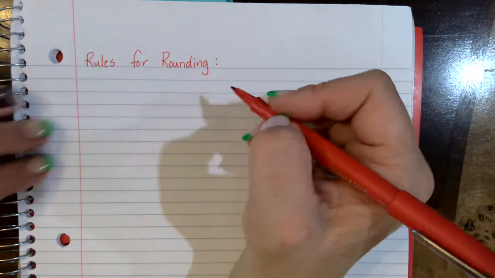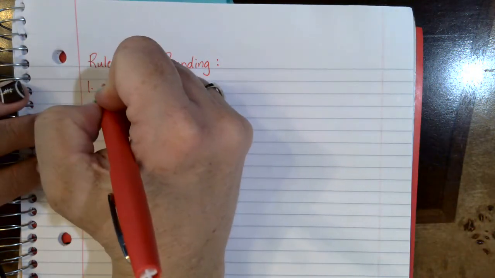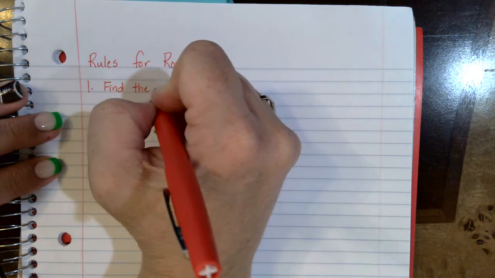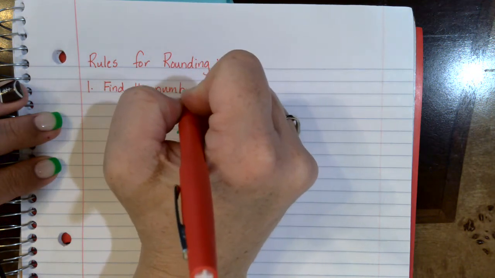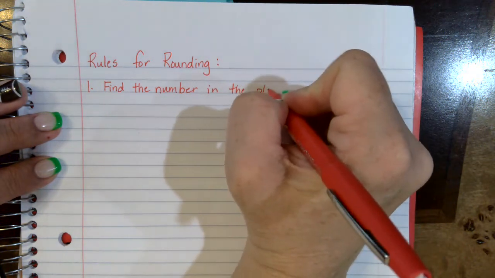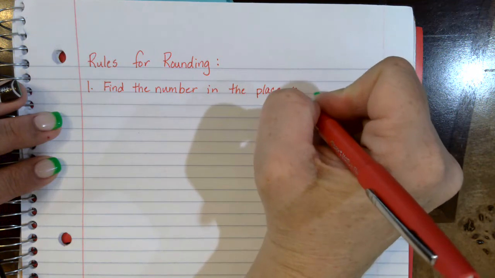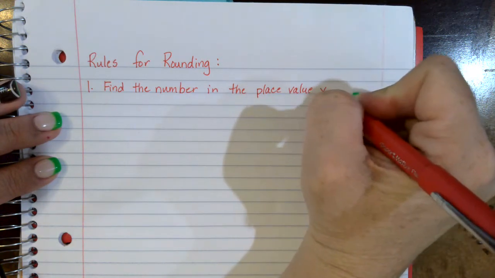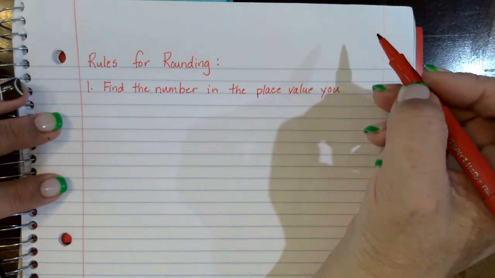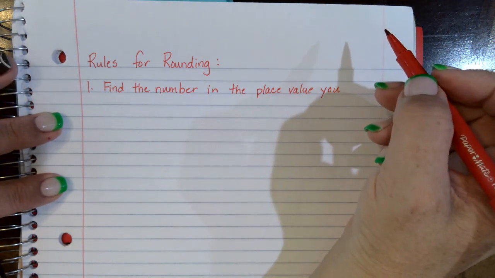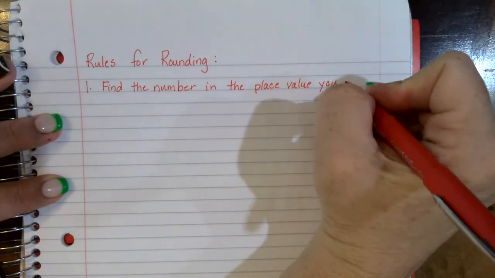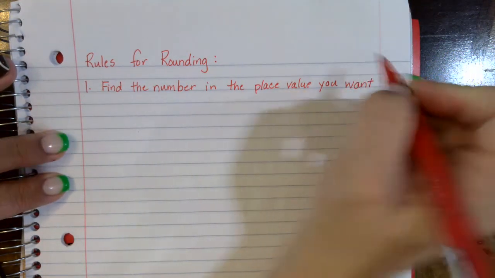All right, rule number one is find the number in the place value you want. I guess maybe I should say find the number in the place value you want to round to, or the rounding number.